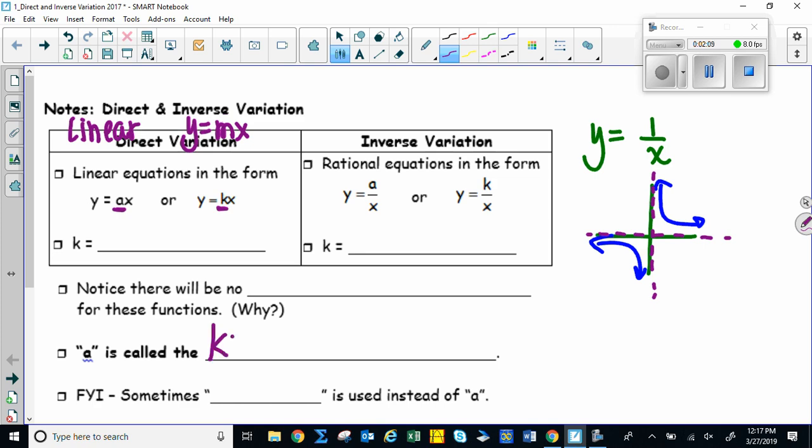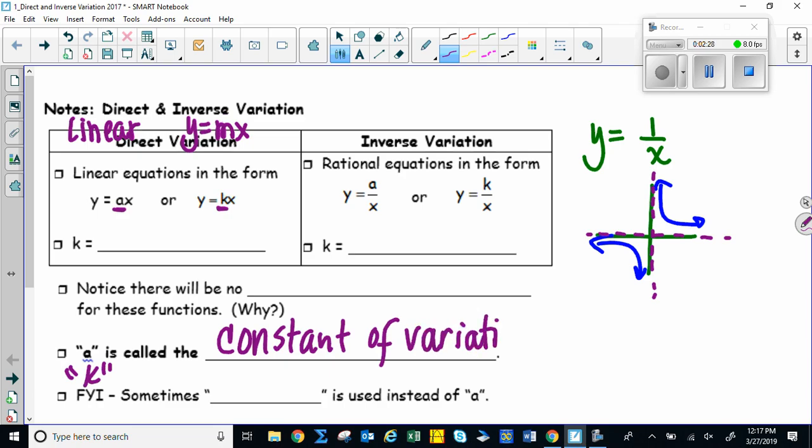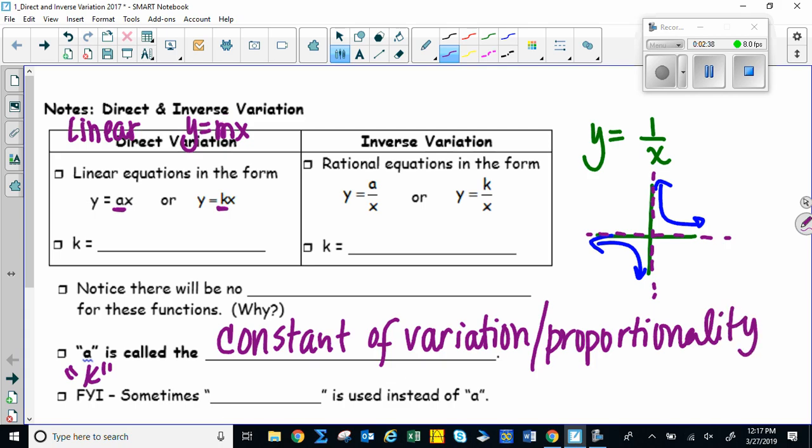I was going to write it with a K, constant, because it's a German word, but I'm not going to write it with a K. We're going to write it with a C. So our A value, in this case our K value, is our constant of variation, or sometimes we call it our constant of proportionality. And we're going to see this constant in both direct variation and in inverse variation.